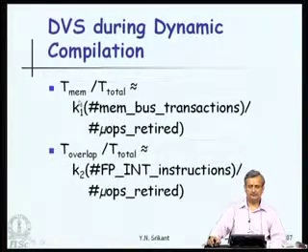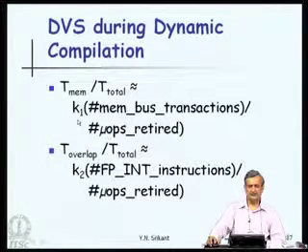For example, T mem by T total can be computed as K1 into number of memory bus transactions divided by number of micro operations retired. Both these numbers are given by two different performance counters. So, what is involved is just reading those performance counters.